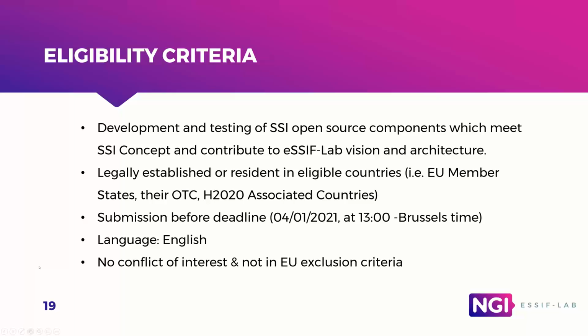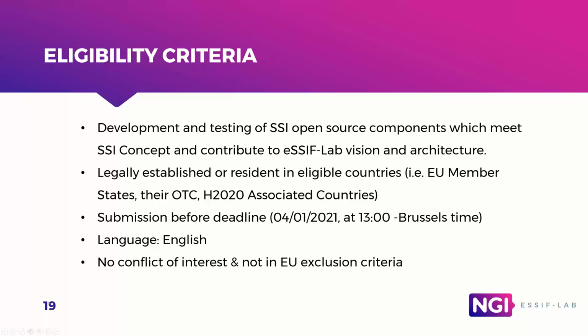As I told you before, the deadline is 4th January, and after that, the open call will still remain open until June, but we will stop in January and then evaluate the applications we got thus far. I must remind you that the language for the proposal and for the entire participation in the program is English.